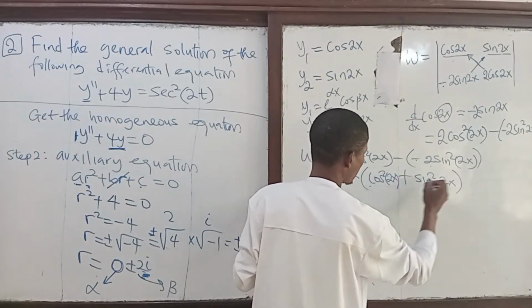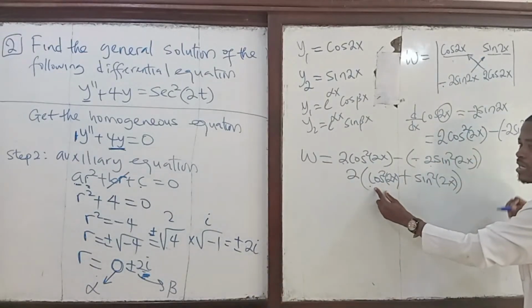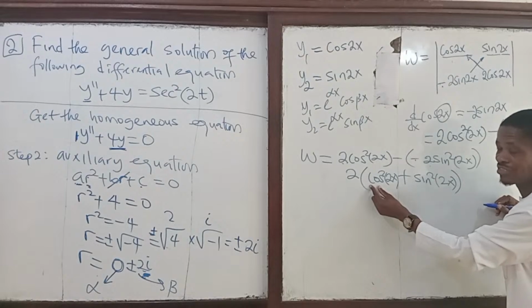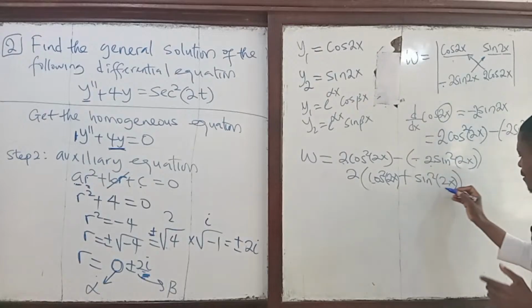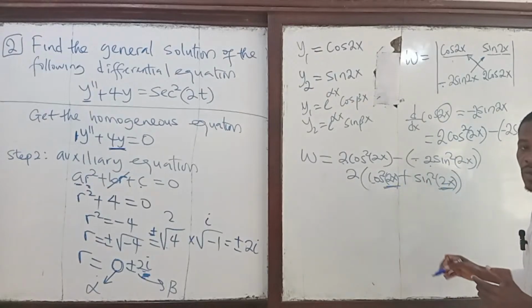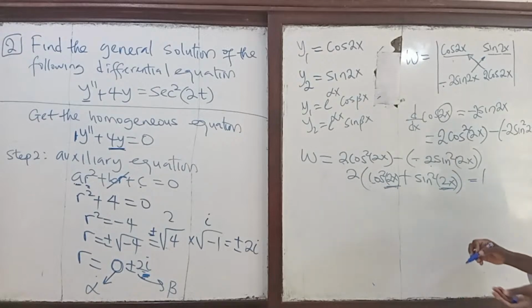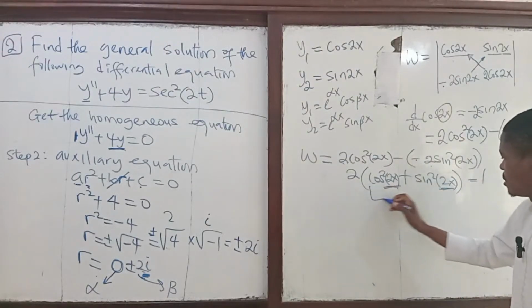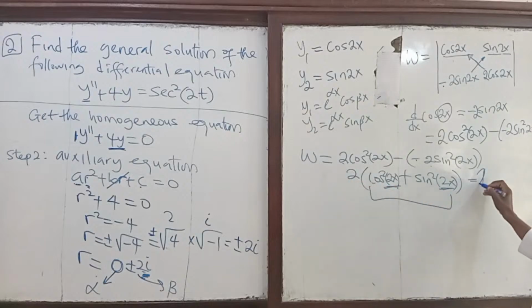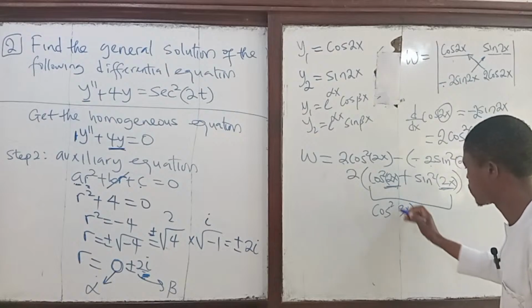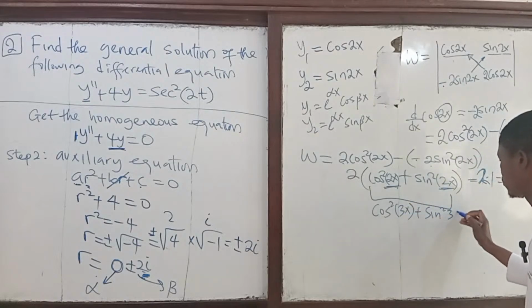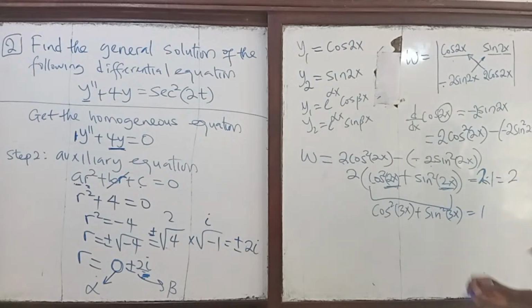Whenever you have cos squared of a function plus sine squared of a function, what is important is that the function must be the same thing. Once the function is the same, this will be equal to 1, times 2, so the Wronskian is 2 times 1, which is 2. Don't forget also that cos squared 3x plus sine squared 3x is also 1. What is important is that the angle, the function, must be the same.